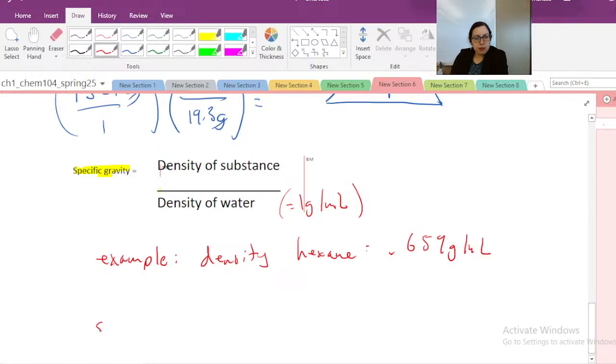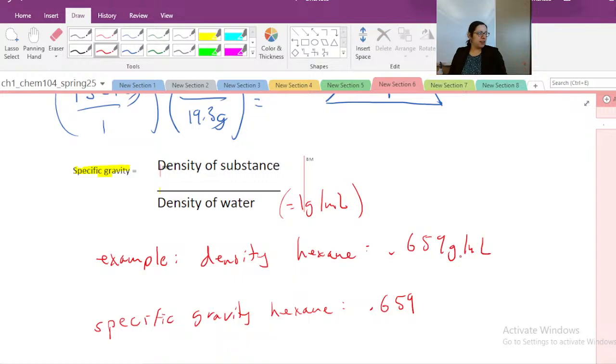If we were to ask for the specific gravity of hexane, by your book definition, it's compared to water. So then it just becomes 0.659, right? And your units cancel out since it's just a ratio. I kind of think it's silly, but it's a book definition. It's in there, so that's what specific gravity is, just a comparison of densities.